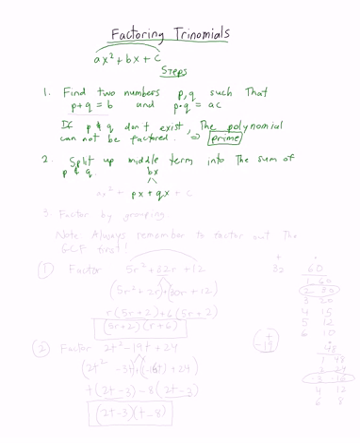Remember, this is okay because we already found that P plus Q is equal to B. So all we're doing is rewriting it. But now you're going to have something that looks like this.